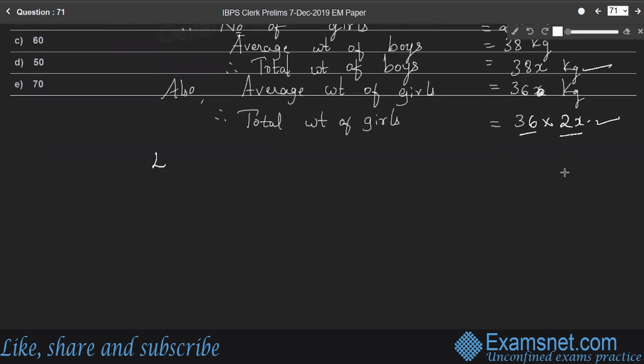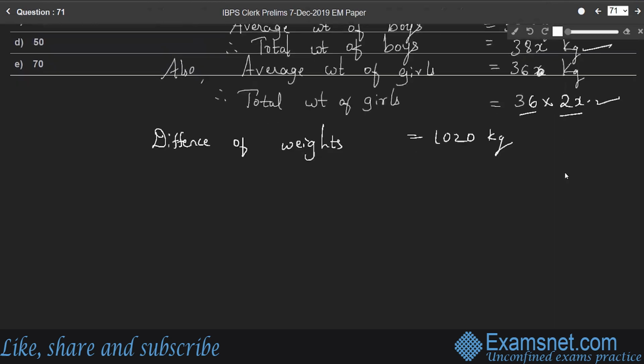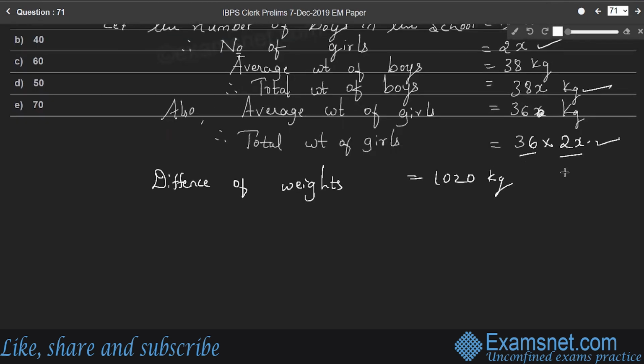So the difference of weights is 1020 kg, given, right? So what is the difference of weights? Here girls' weight is 36 into 2 is 72X, right? 72X minus 38X is equal to 1020, right?